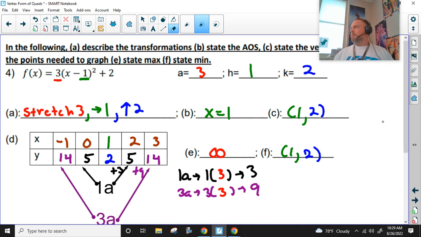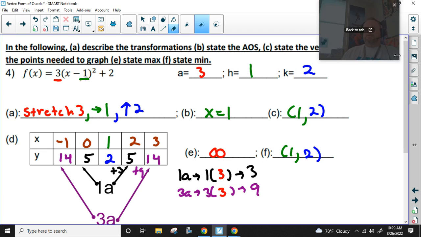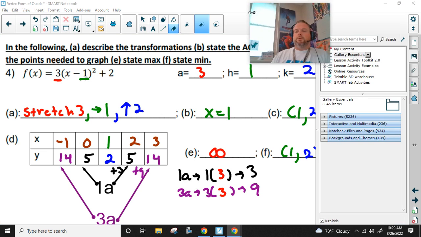Brown. Okay. So this is our x values, like on our x number line.